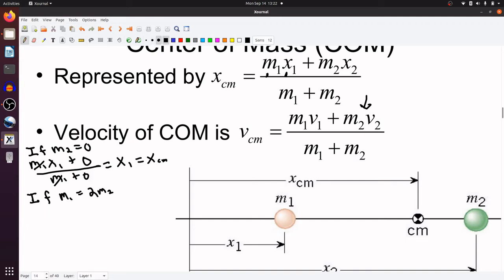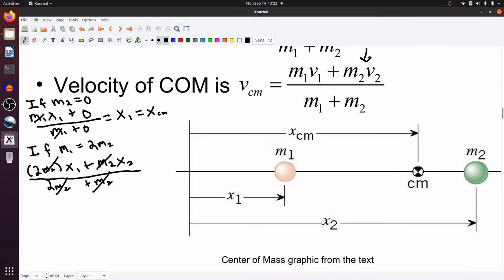Instead of m1, I'm going to plug in 2m2 x1 plus m2 x2 over 2m2 plus m2. M2's cancel, and that's going to give you 2x1 plus x2, then divide that by 3.